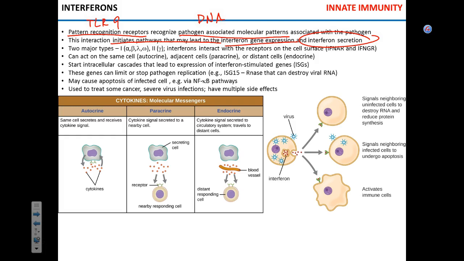So there are 2 main types of interferons, very creatively called type 1 and type 2. There are multiple subtypes, named by Greek letters, you don't need to know that stuff. But an important idea of interferon signaling is that interferons, shown here in red, and these circles too are interferons. So these red interferons bind to their extracellular receptors.